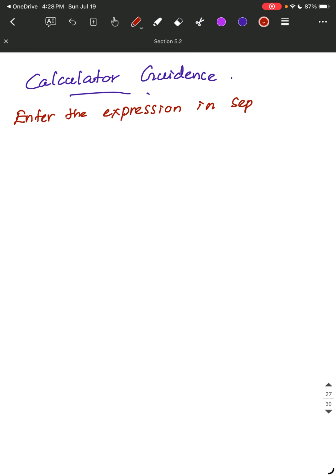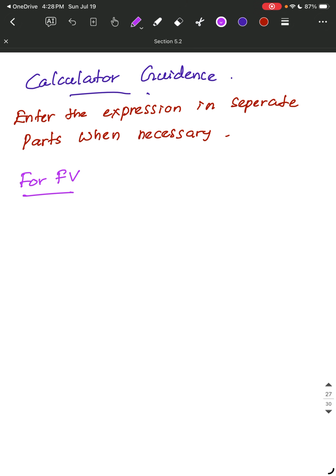Okay, the first one, for future value, calculate: step 1, calculate 1 plus I. Second, raise it to the power n.